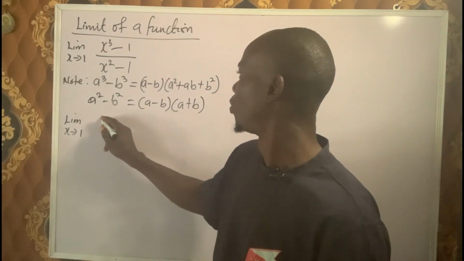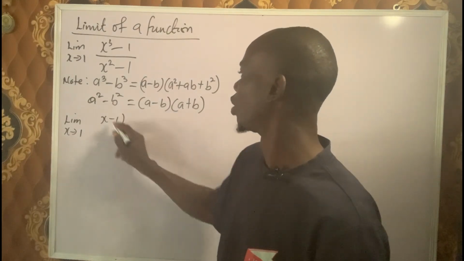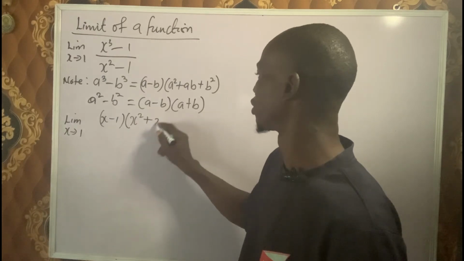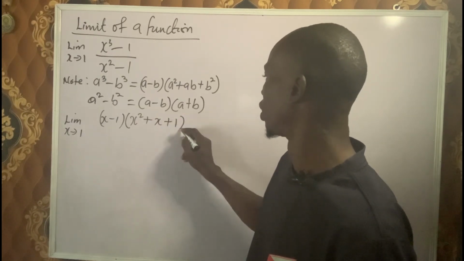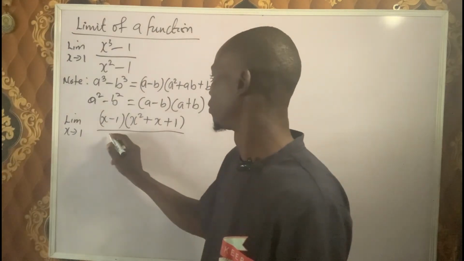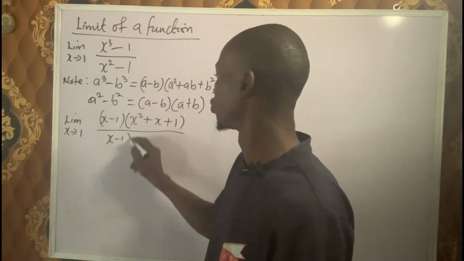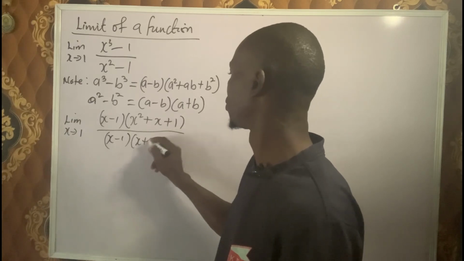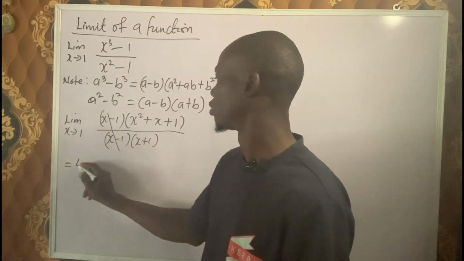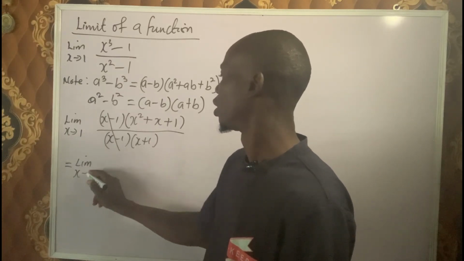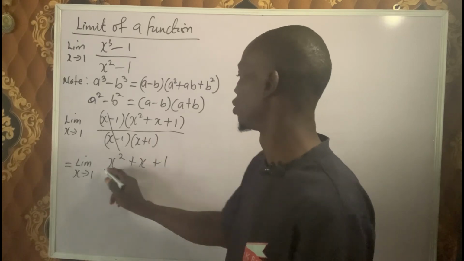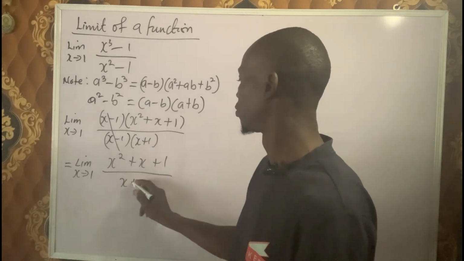We have at the top x minus 1 bracket x squared plus x times 1 is x, plus 1 squared is 1, all over the denominator. We are now having x minus 1, x plus 1. So this is gone. What we have left is limit as x tends to 1 of x squared plus x plus 1 all over x plus 1.